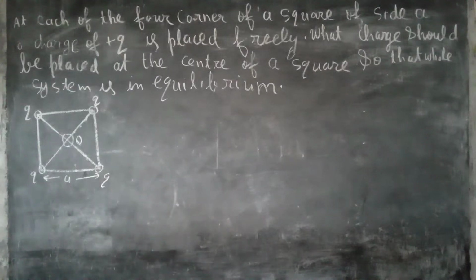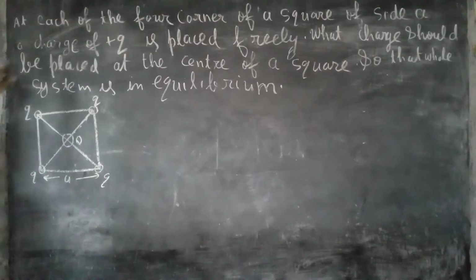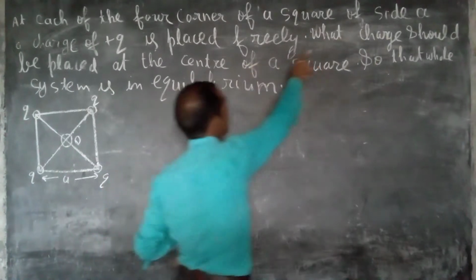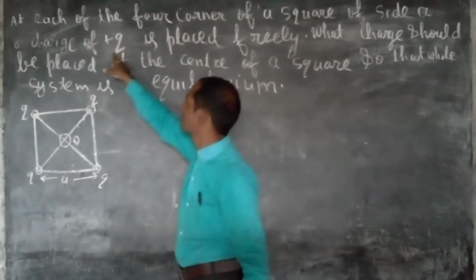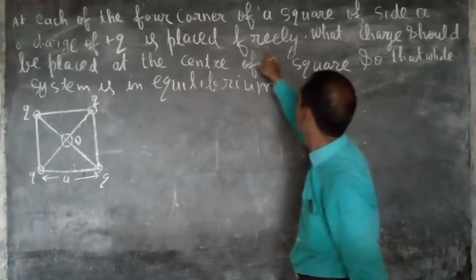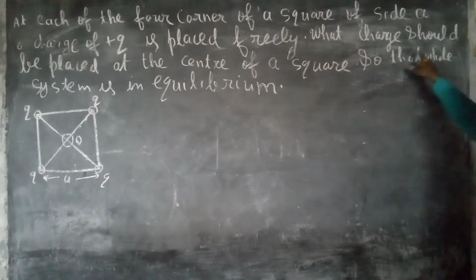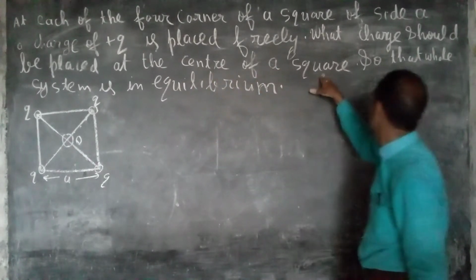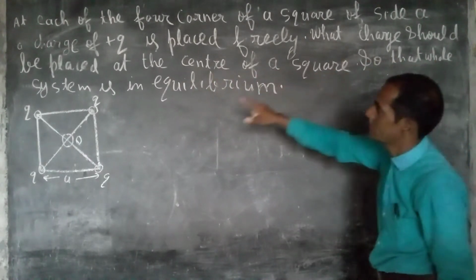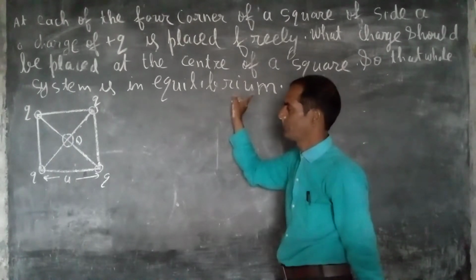The question is: at each of the four corners of a square of side a, a charge of plus q is placed freely. What charge should be placed at the center of the square so that the whole system is in equilibrium?